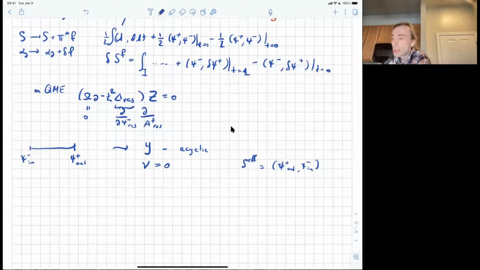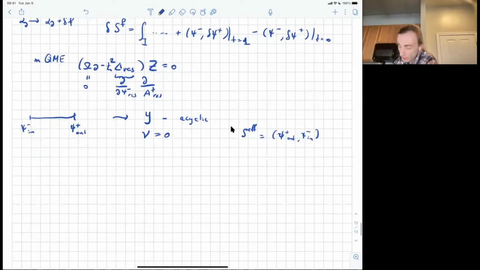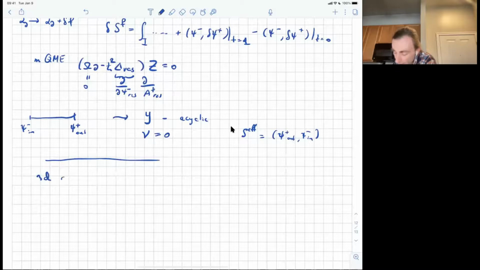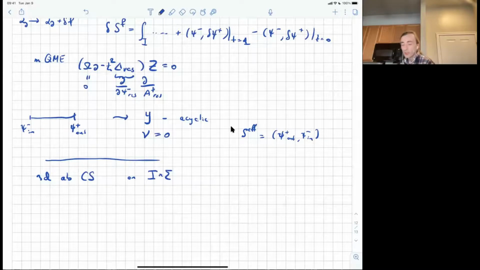All right, so now I want to go to a deformation of this example in several directions simultaneously. So I want to go to three-dimensional abelian Chern-Simons, on an interval cross a surface. So first of all, one important deformation is that I still will think of it as a one-dimensional field theory, but with coefficients.